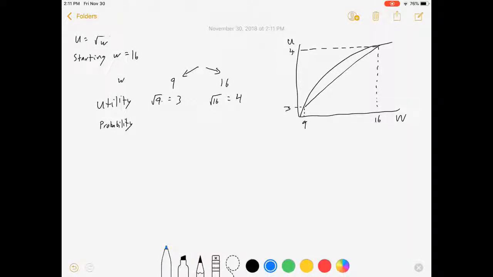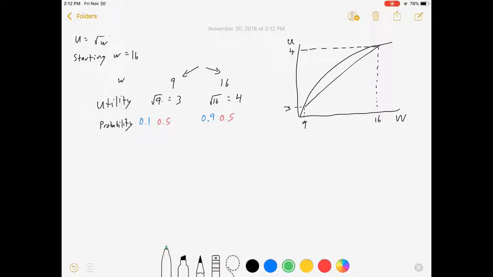Let's imagine a couple different ways this could go. There could either be a 10% chance that he'll lose and get $9, as well as a 90% chance that he'll win and get $16. Or maybe we could look at it if it was 50-50. Either event is just as likely as the other.